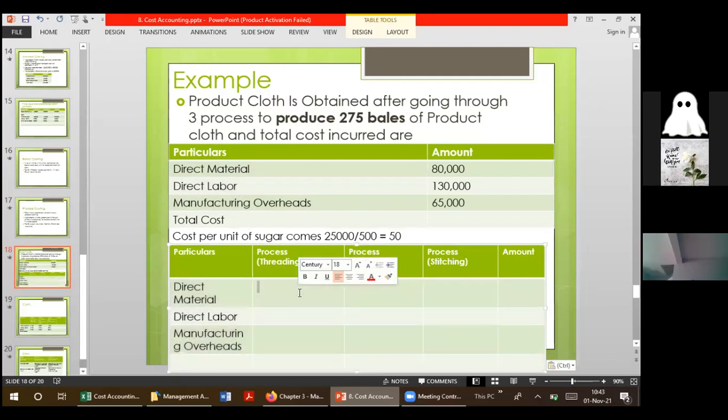Okay, so this company manufactures cloth, and now let's distribute the raw materials. 80% of the raw material goes in process 1, 12.5% in process 3. Direct labor, 28% goes into process 1, 58% in process 2.